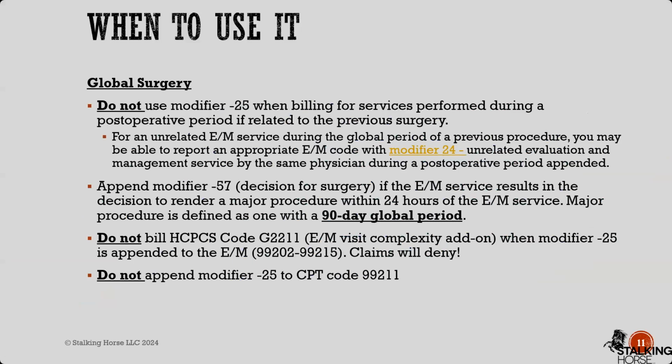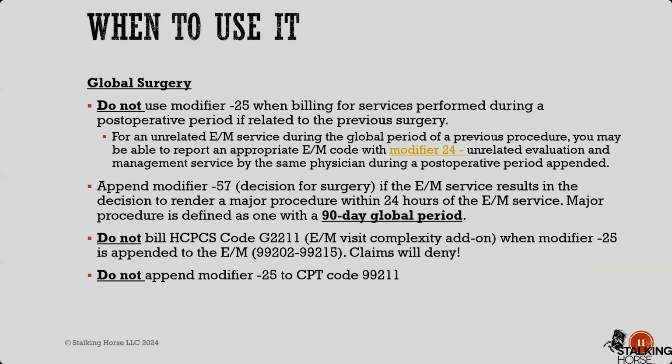That evaluation and management service that was performed then would require a modifier 57. So that is not a 25 situation. Because that procedure that they would be deciding to perform would have a 90-day global period, which would mean you cannot use modifier 25.